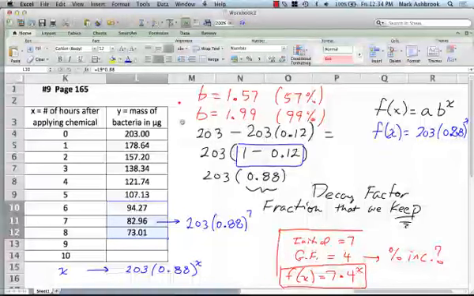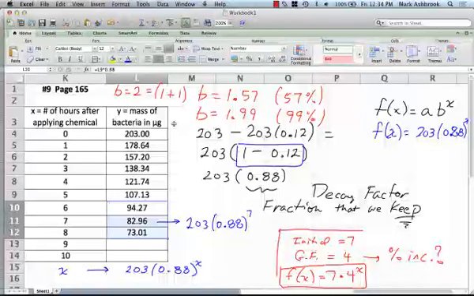So if B is 2, you've got to see it as 1 plus 1. What's your percent increase? 100%. Look, if 1.99 is a 99% increase, then 2 is a 100% increase. You have what you had before, and you doubled it. So the amount of increase was the same amount that you started with.